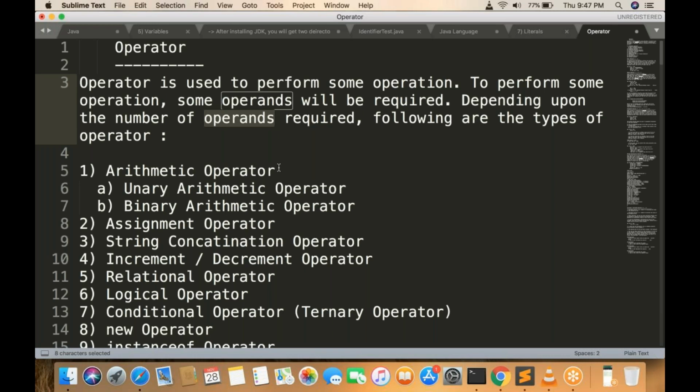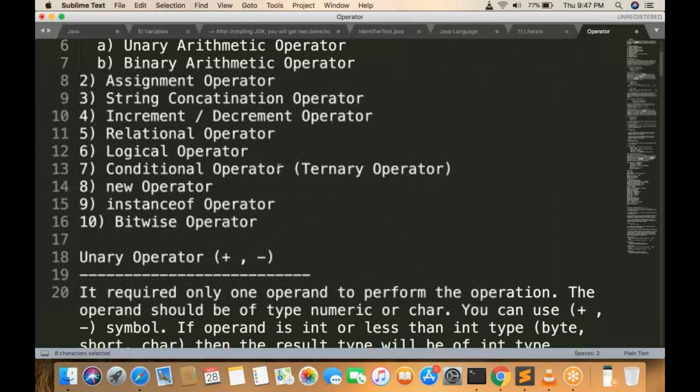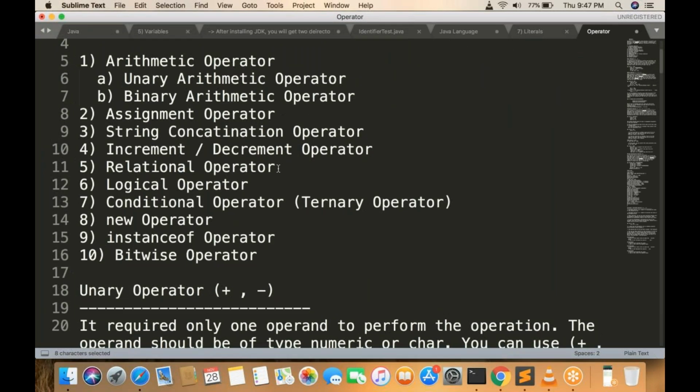The kinds of operators are arithmetic operator, assignment operator, string concatenation operator, increment and decrement operator, relational operator, logical operator, conditional operator, and the very good ternary operator, new operator, instanceof operator, and bitwise operator. Clear, guys?